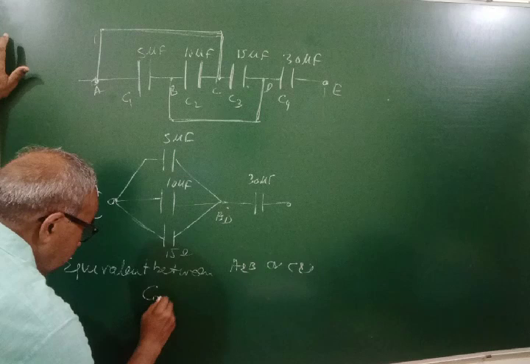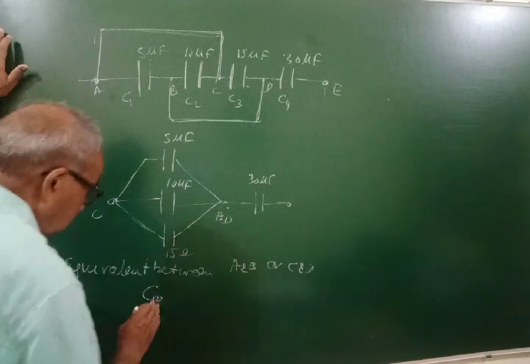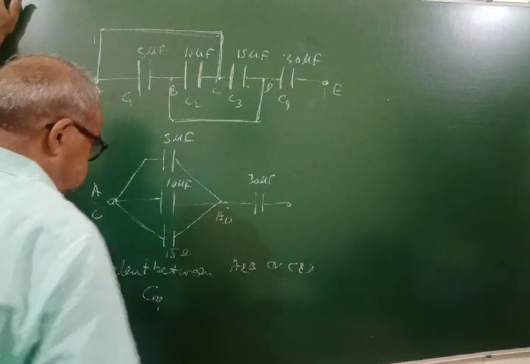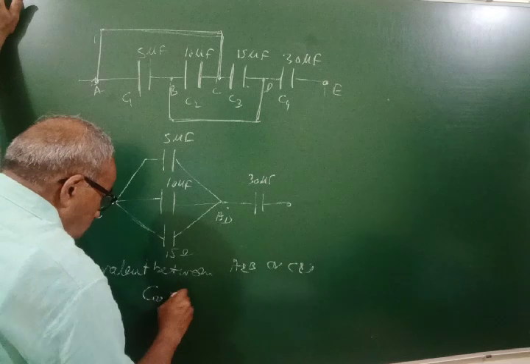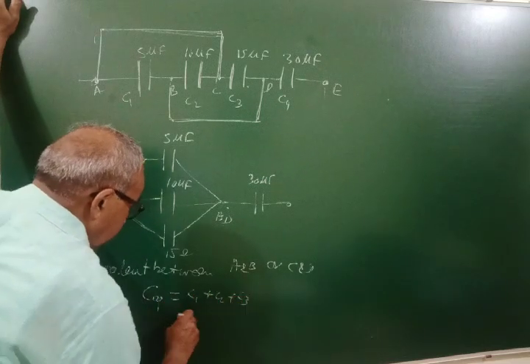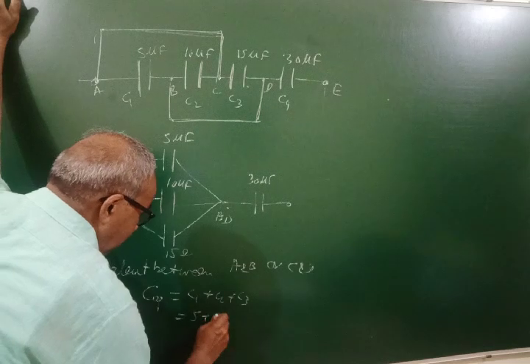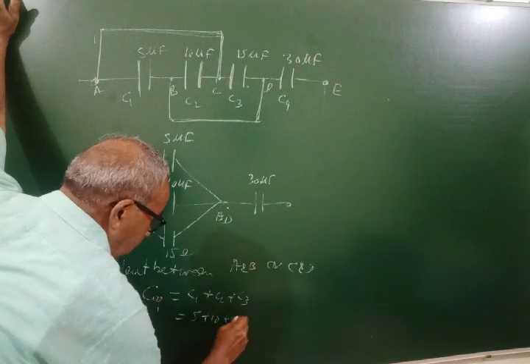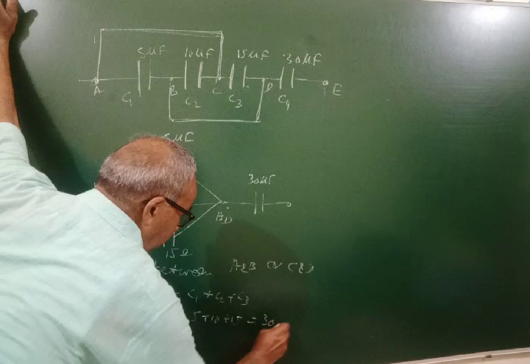C equivalent will be C1 plus C2 plus C3, that is 5 plus 10 plus 15 equal to 30 microfarad.